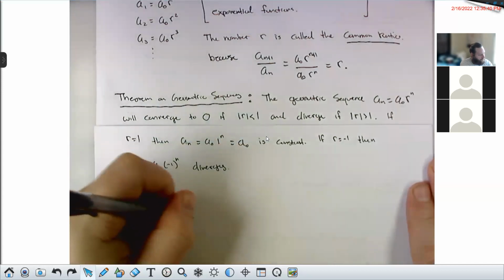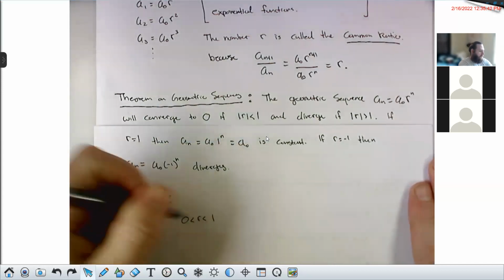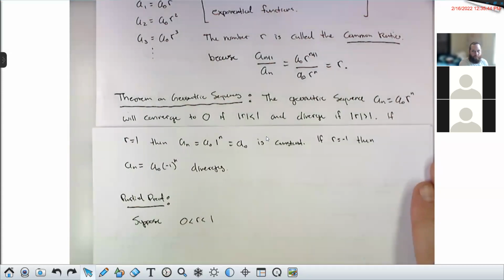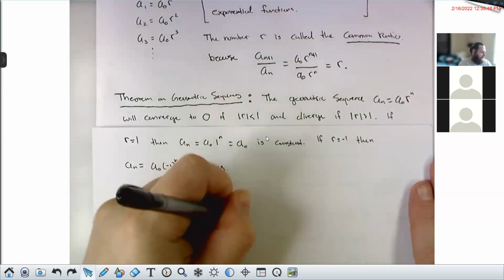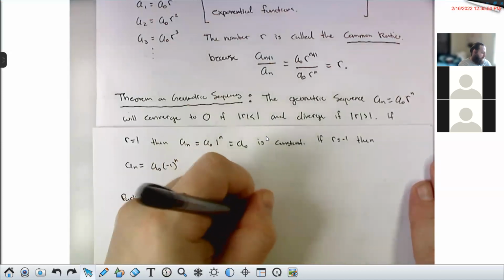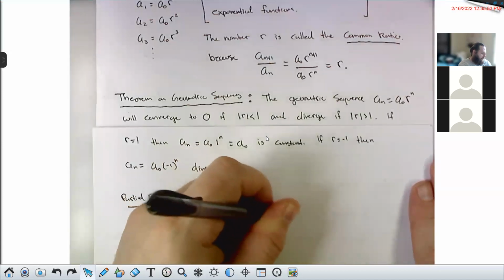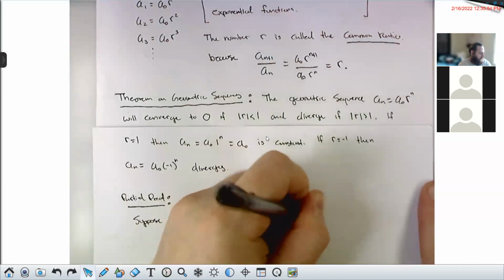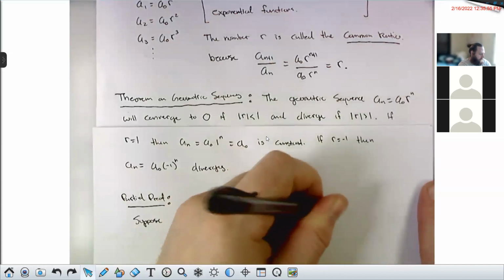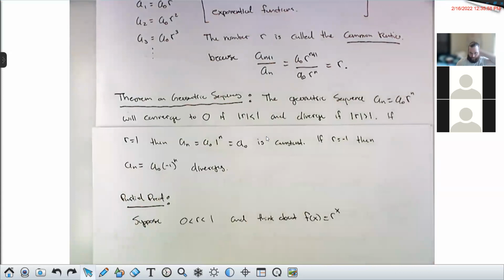Suppose r is between 0 and 1. And think about the function f of x equals r to the x. That function is a normal exponential function.